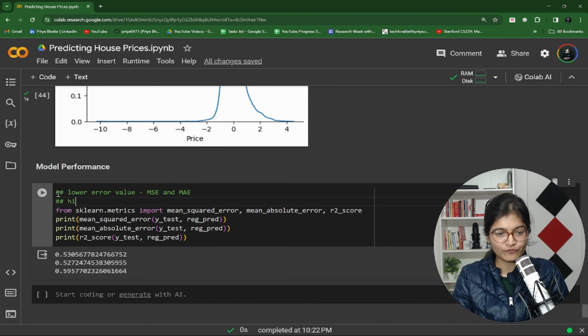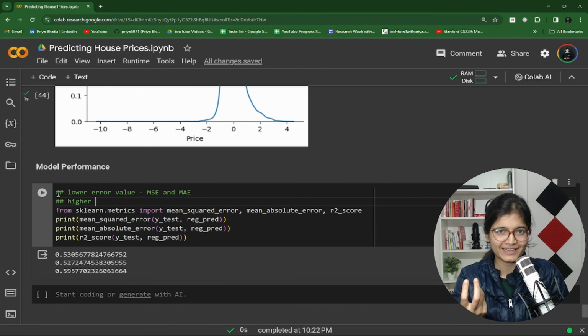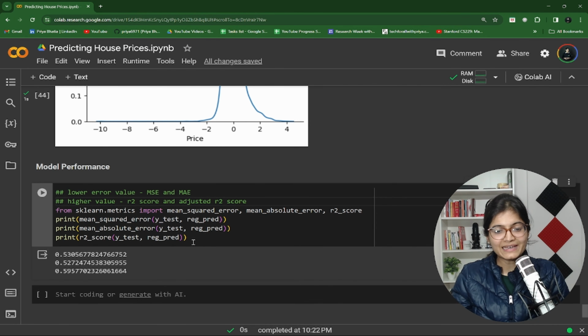And we are looking for a higher range of values, maybe bigger than 0.7 or 0.8, and the maximum can be 1. A higher value of R square score and adjusted R square score, both we are looking for a bigger value. Obviously here, if you observe, the values are not that close to 1.